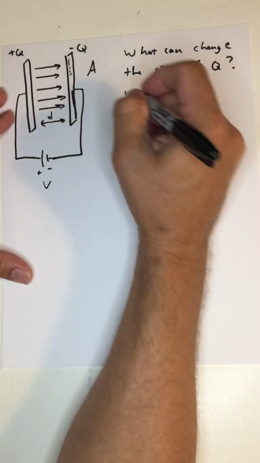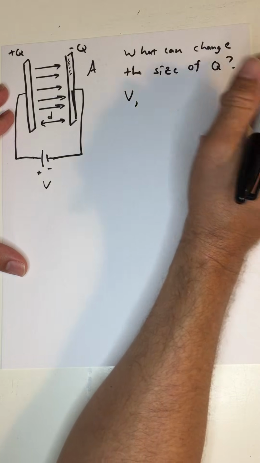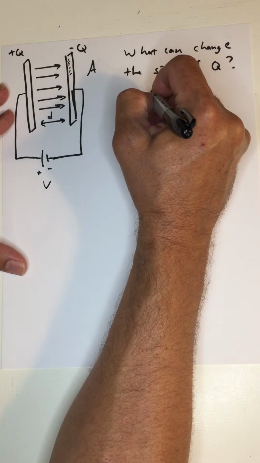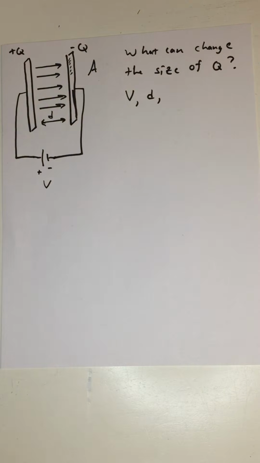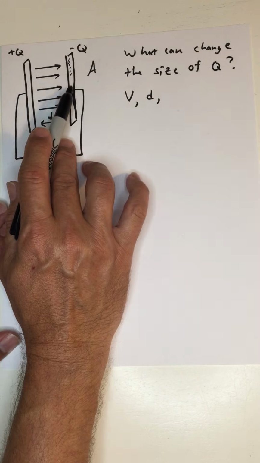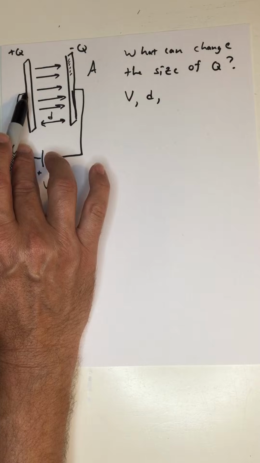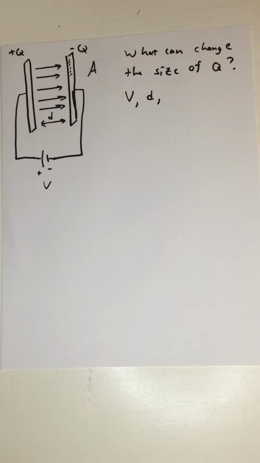Fair enough. Another thing I can think of is the distance between the plates, right? Why would that make a difference? Well, remember the reason the positive charges are leaving this plate is because they feel an influence from these charges. That influence is an electric field.